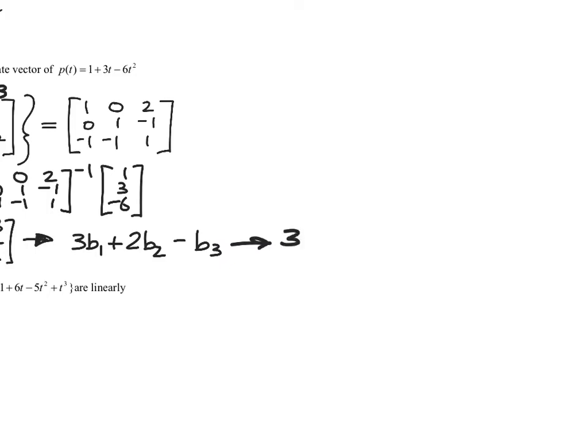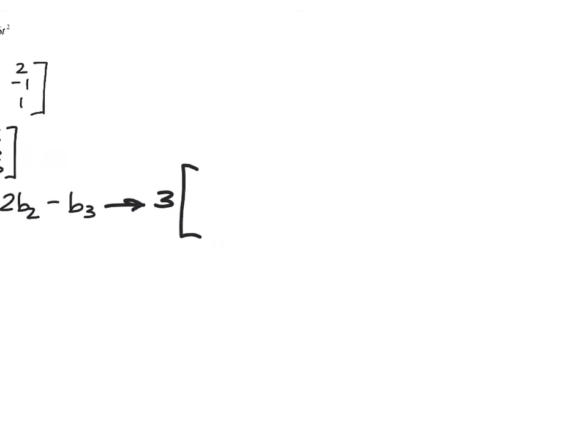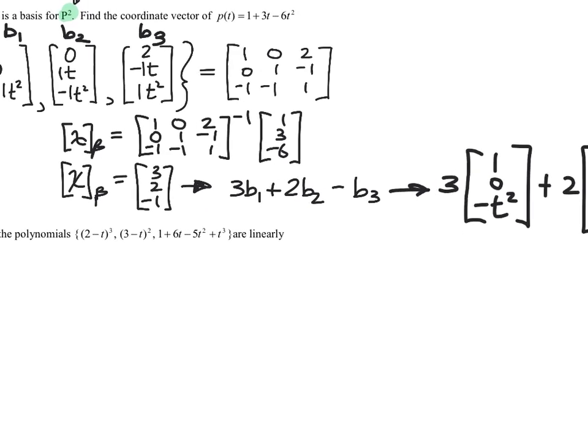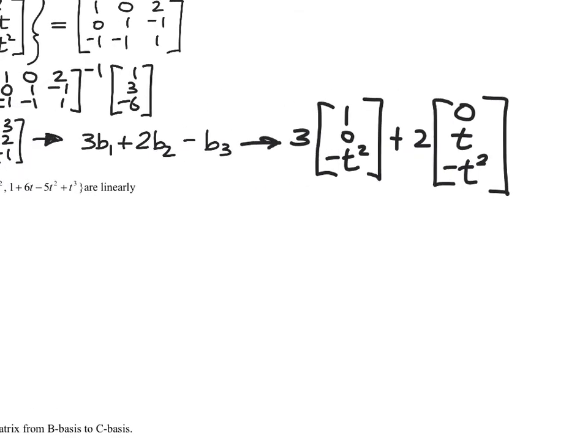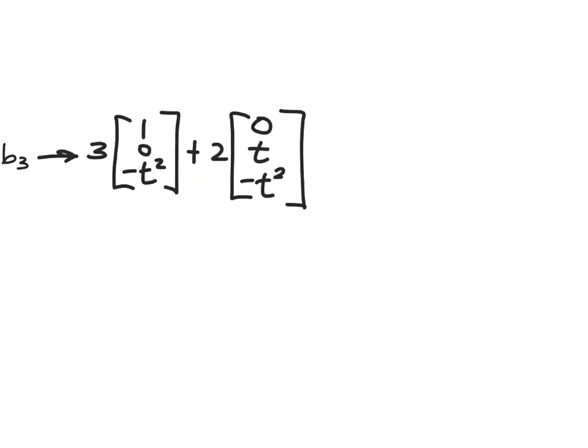So this would be 3 times 1, 0, negative t squared, plus 2 times 0, 1t, negative t squared, and then minus the third vector, 2, negative t, t squared.